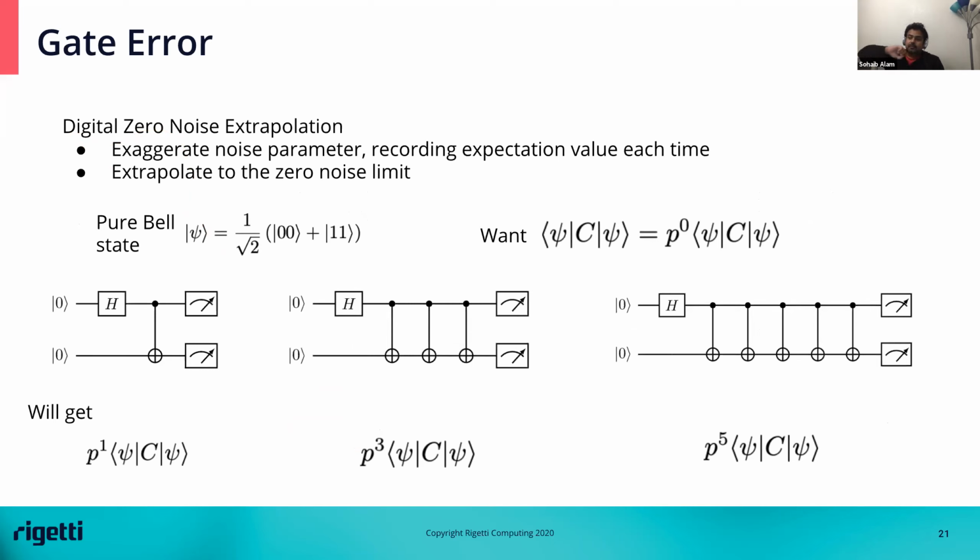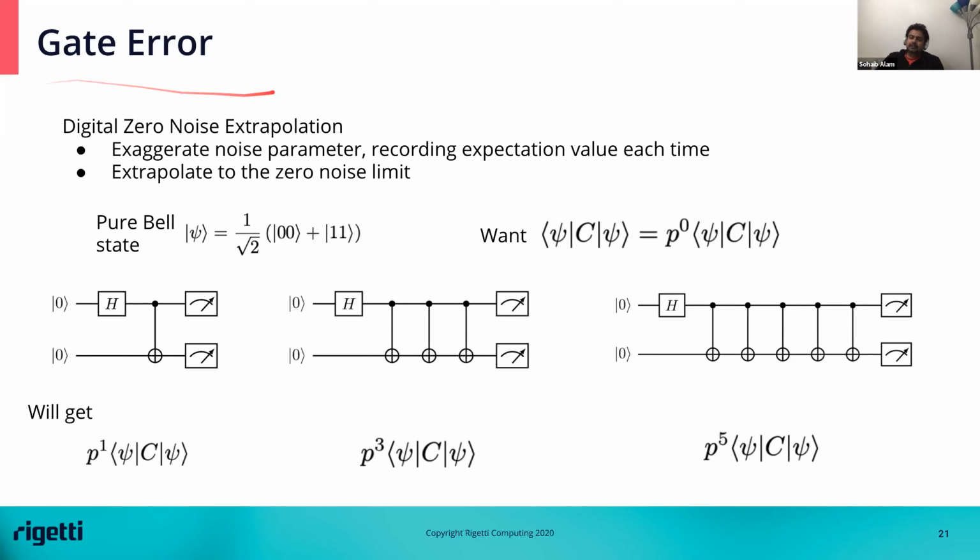Of course, when we talk about fault tolerant error corrected quantum computers, we're not talking about this type of error mitigation. Error correction is a whole new topic in itself, where we're using physical qubits to build logical qubits and so forth. We're not doing any of that, right?